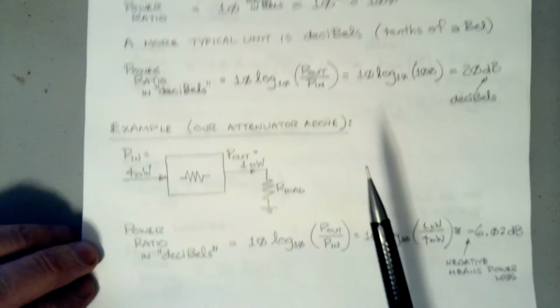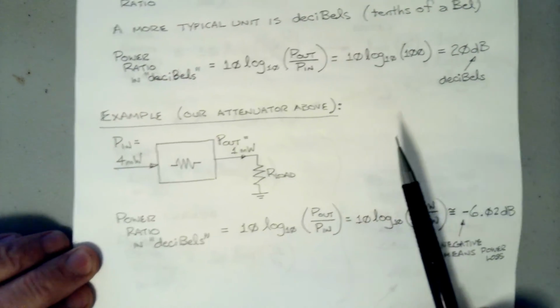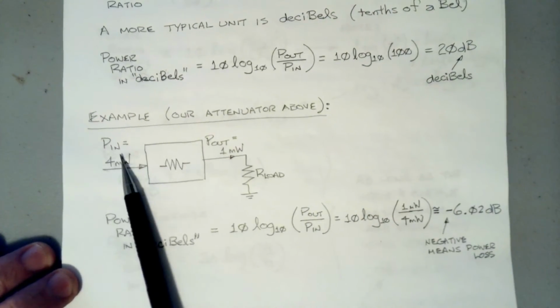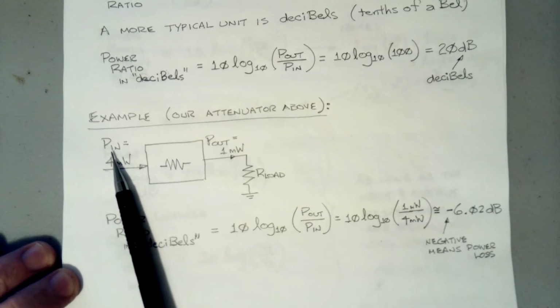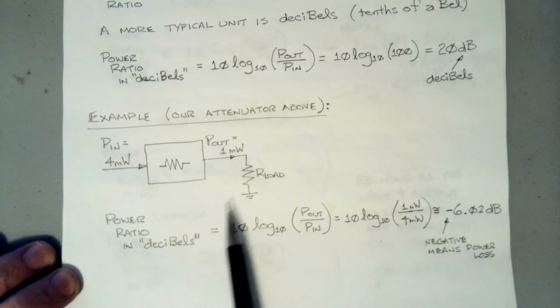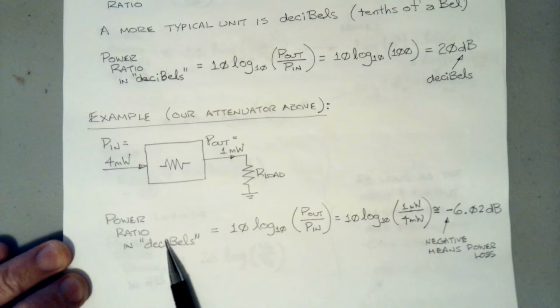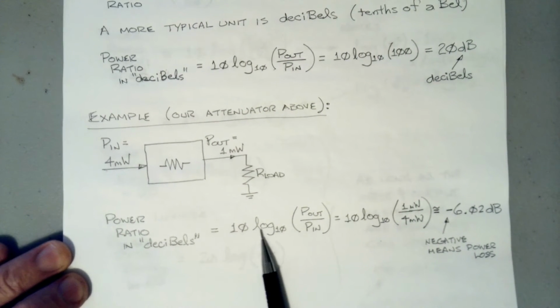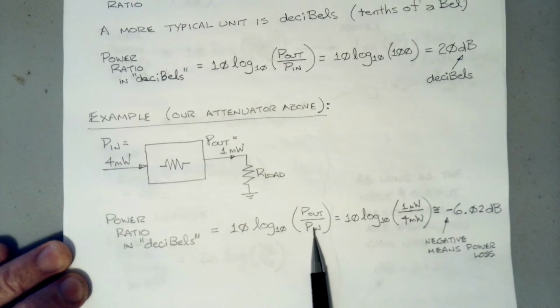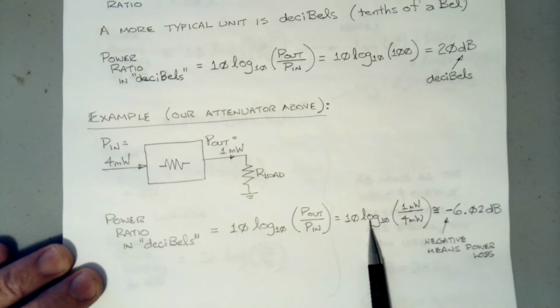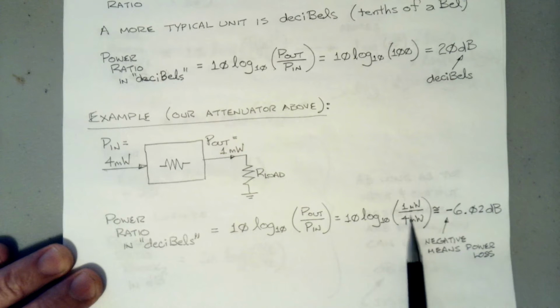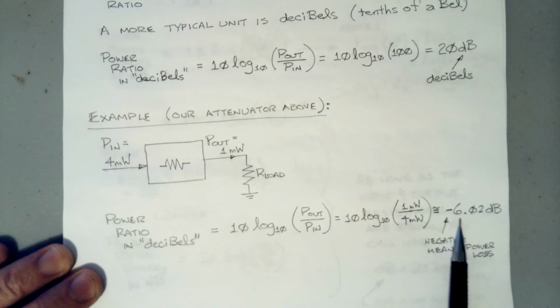Another example we can take a look at is our attenuator. It has a P in of 4 milliwatts and a P out of 1 milliwatt. Now the power ratio in decibels there is 10 times the log to the base 10 of P out over P in, equals 10 times the log to the base 10 of 1 over 4, which is 0.25.